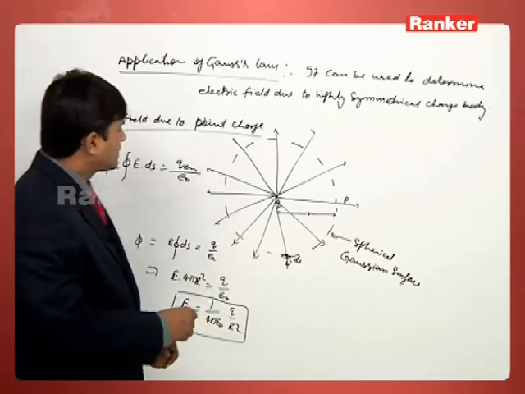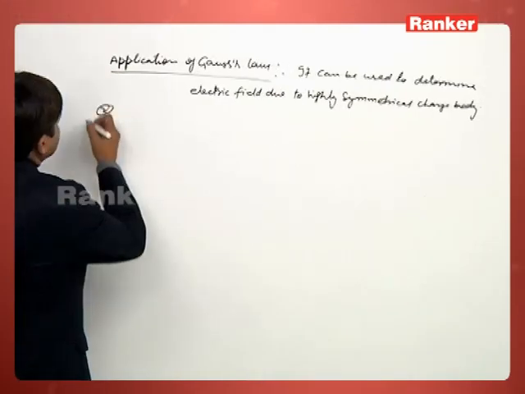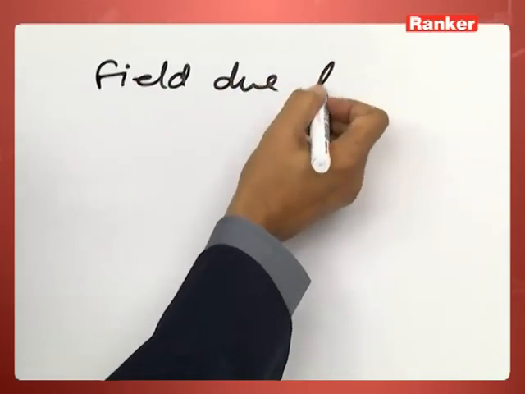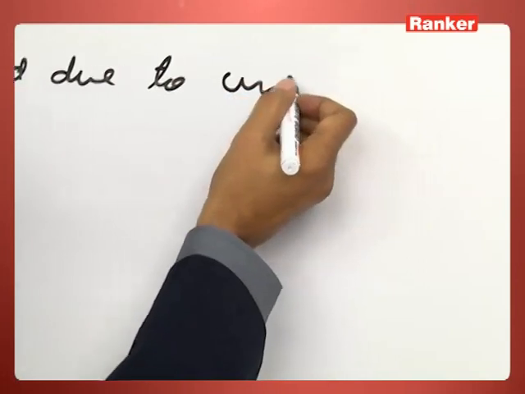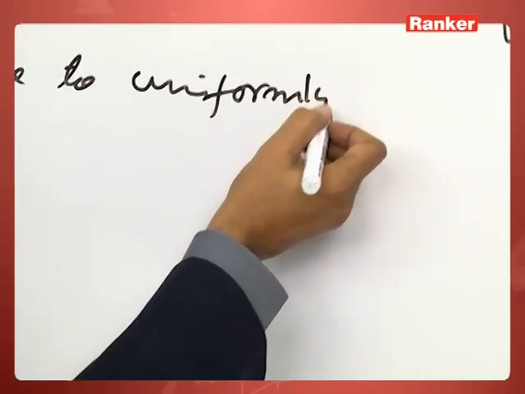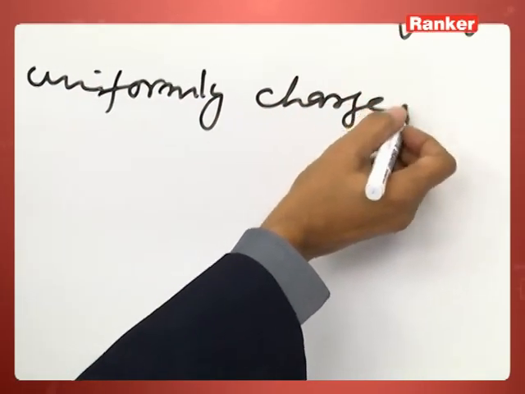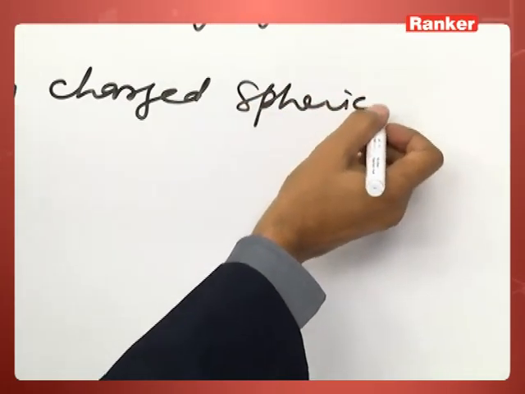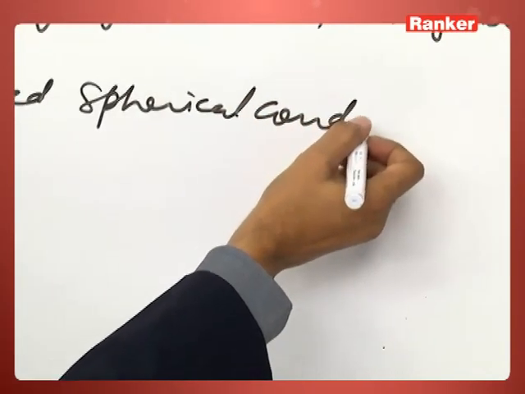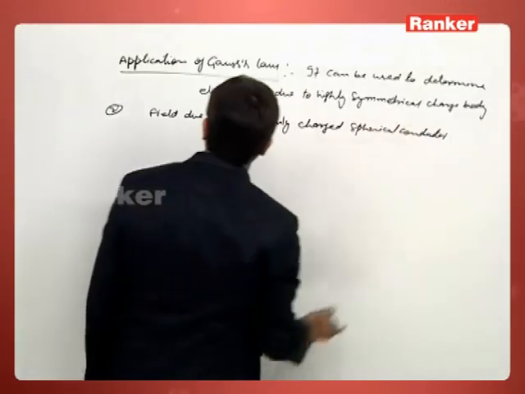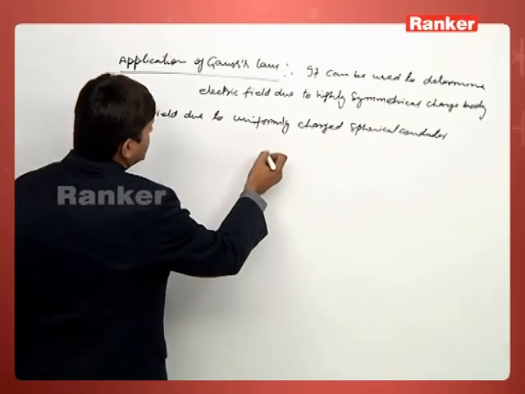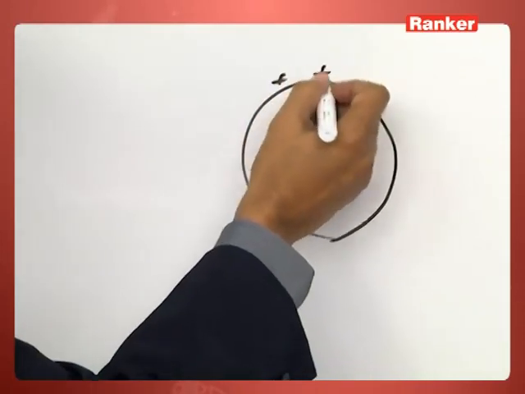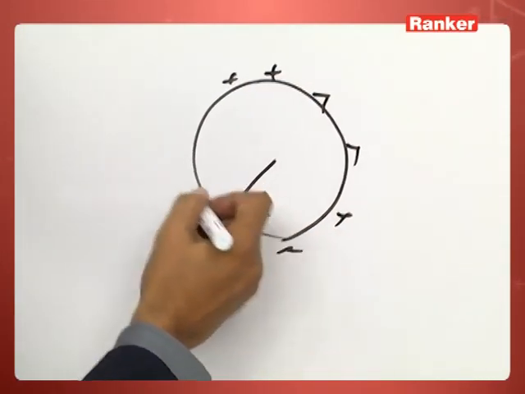Similarly, see another case. Now, in the second point, field due to uniformly charged spherical conductor. Suppose this is your spherical conductor of radius r and having charge q.